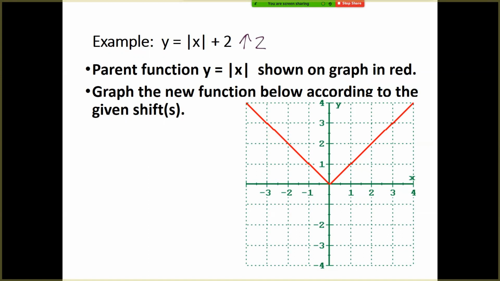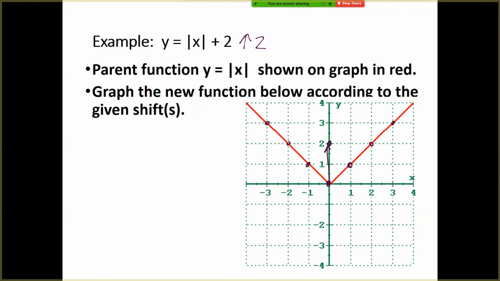What that means is I'm going to take this original parent function, given to me, and I'm going to move every single point up 2. I'm going to take this point right here at 0, 0, and I'm going to move it up 2 units, and I'm going to put it right there. So every single point on this graph, I would only pick perfect points, like right here's crossing exactly. And I'm just going to take them and move them up 2. So this point goes up 2, and now it's going to sit right there.